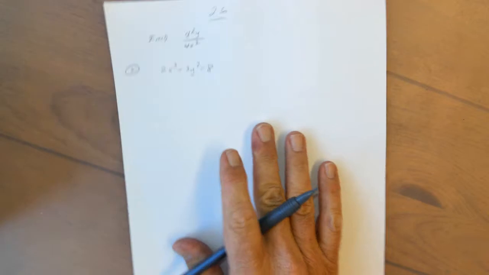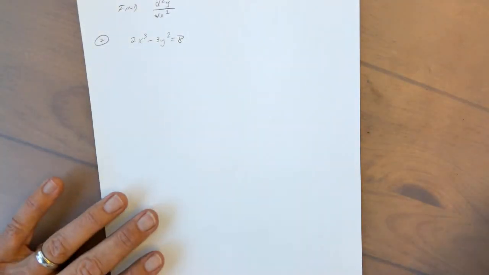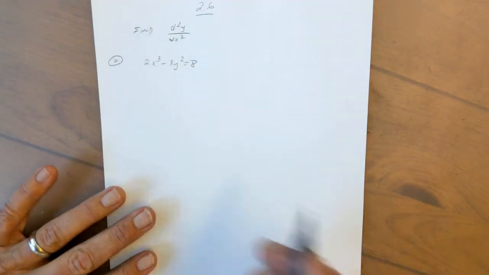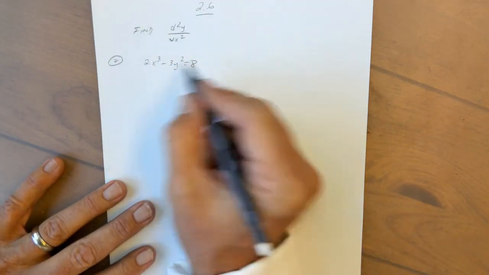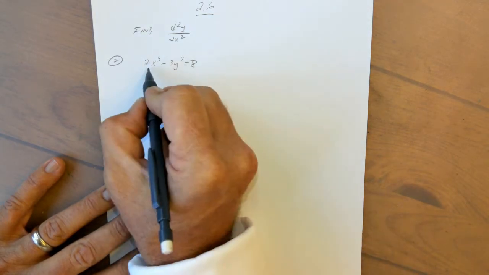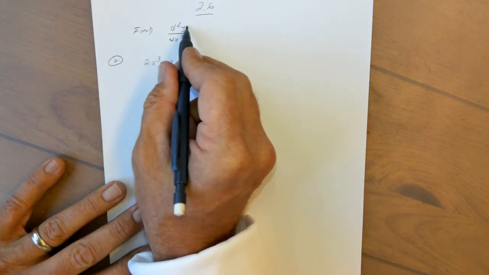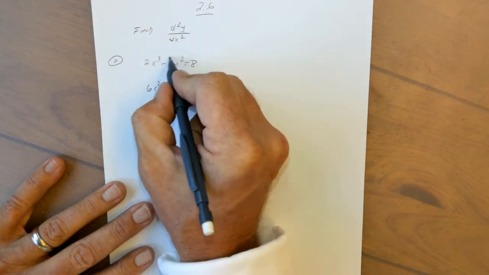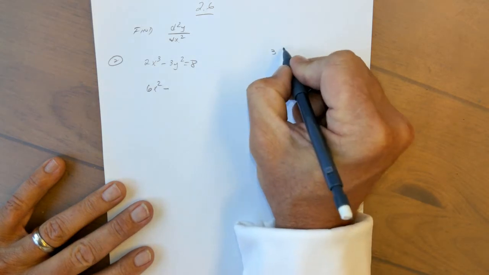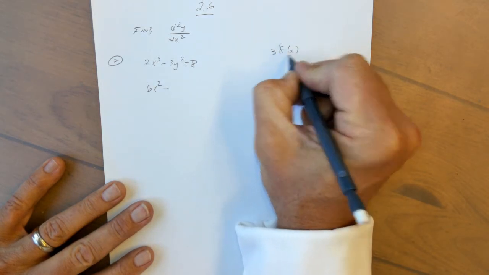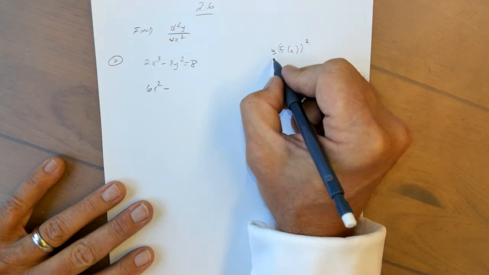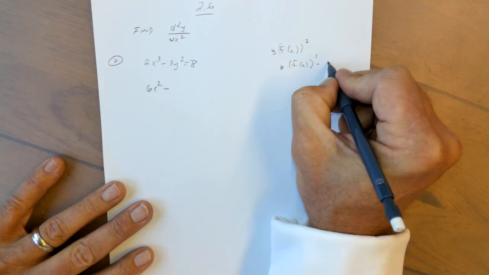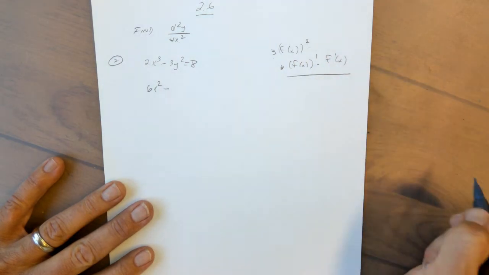And here, the question is to find d squared y/dx squared, which we know is the second derivative. So we're going to find the first derivative, and then from that we'll find the second derivative. Okay, so we're with respect to x, that's what this tells us. So we have 6x squared minus, so now we're going to do the chain rule. Again, over here, if we had 3 times f of x squared, right, the derivative, 2 times 3, 6 times f of x to the first, again, times the derivative of the inside, so there's our chain rule.